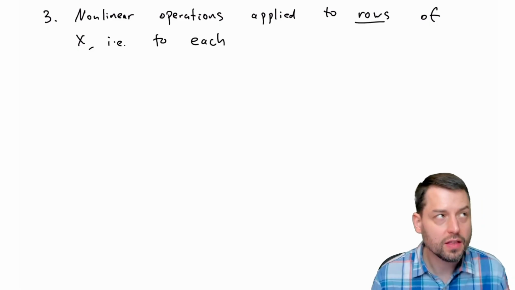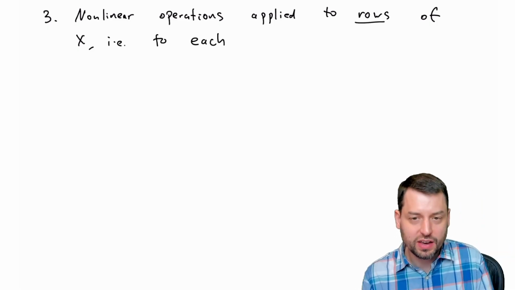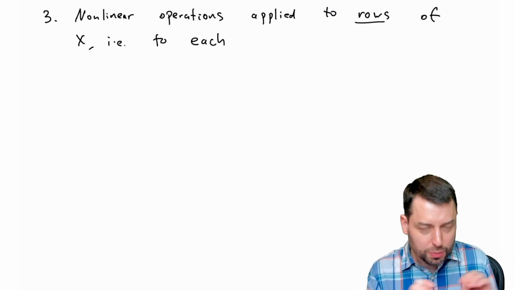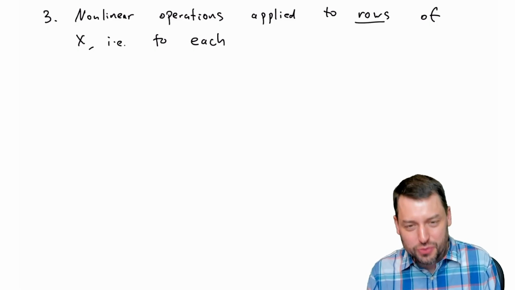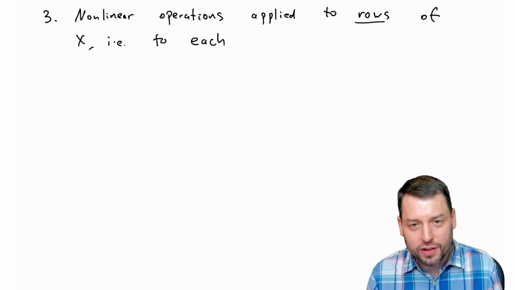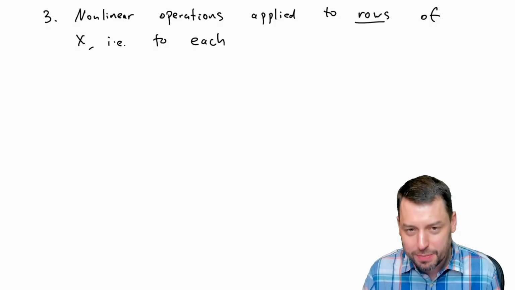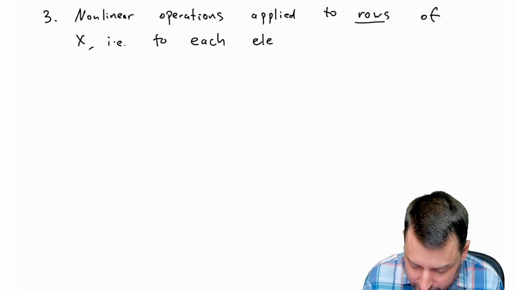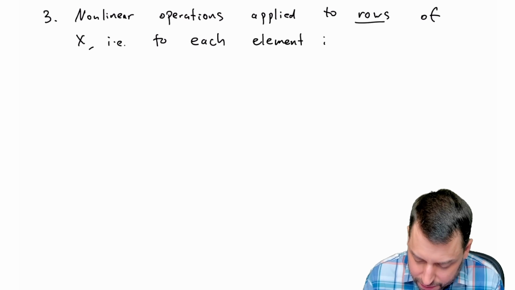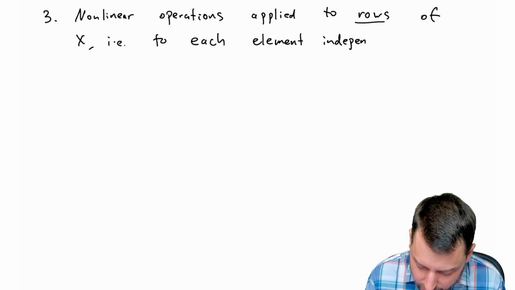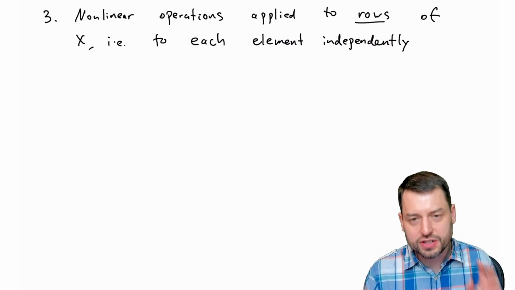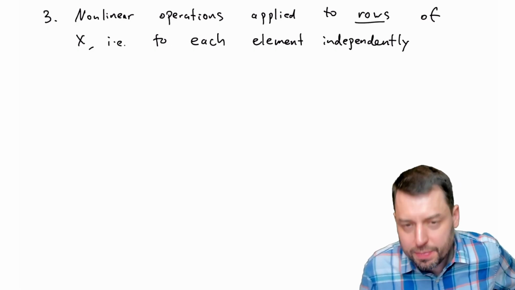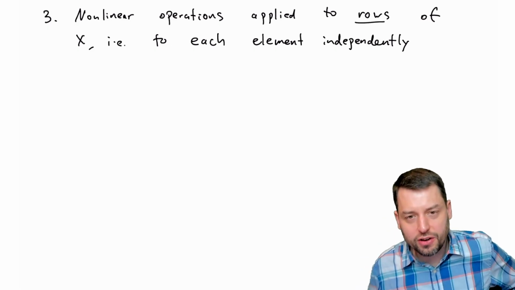Just like the left or right multiplication applies a linear operator to each row independently, these nonlinear operators also typically apply to each element independently. There will be some slight additions in the precise nature of self-attention, which we'll cover next time, but conceptually this is how you should think of this.